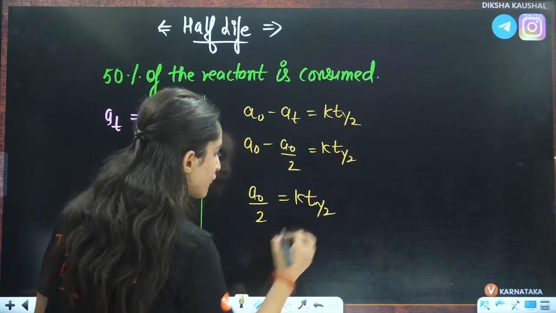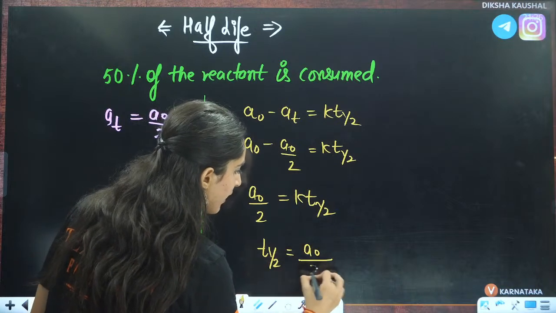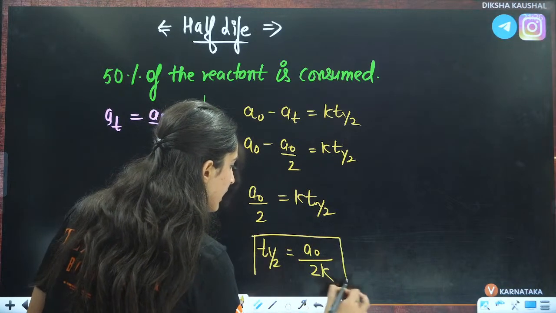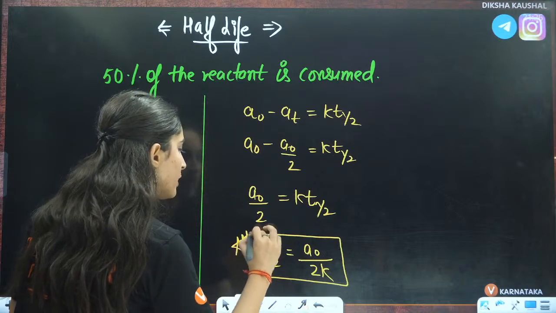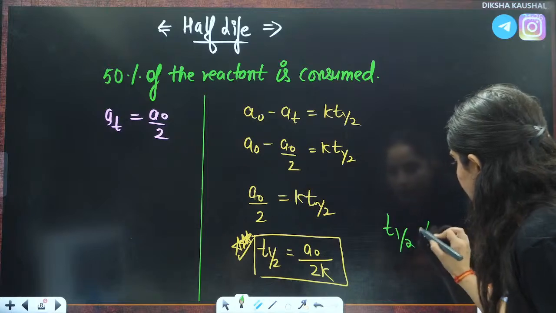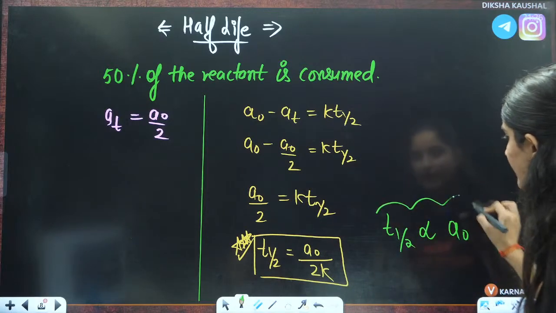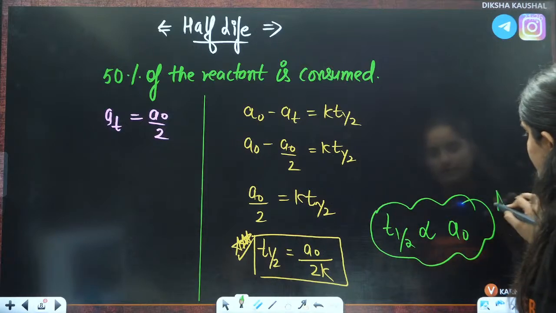So T half is equal to A naught by 2K. And that is a very, very important thing: the half-life period is directly proportional to your initial concentration.